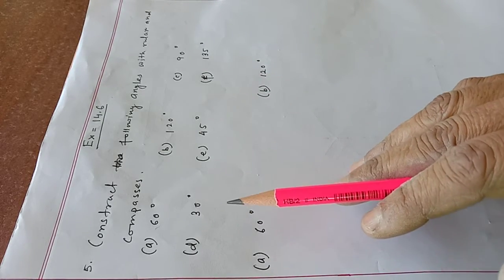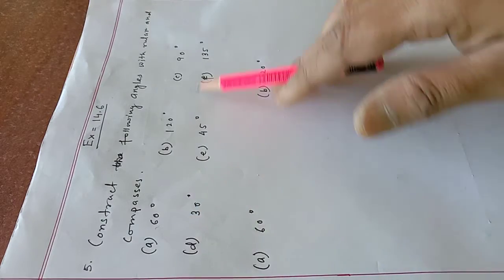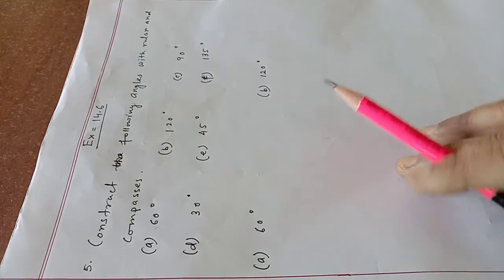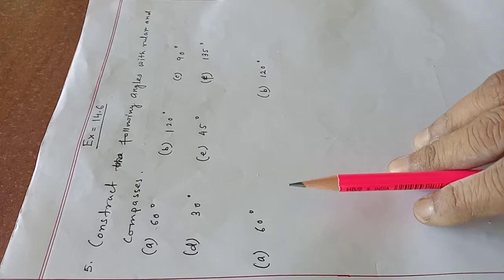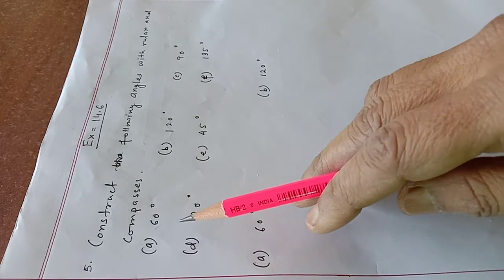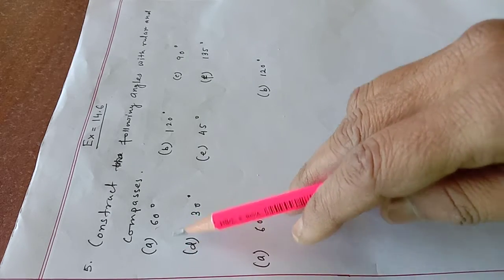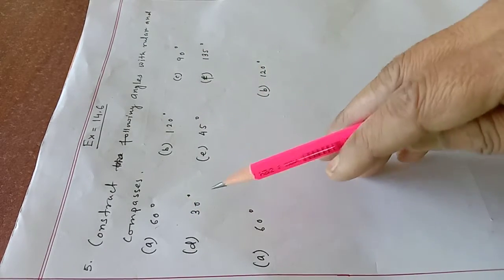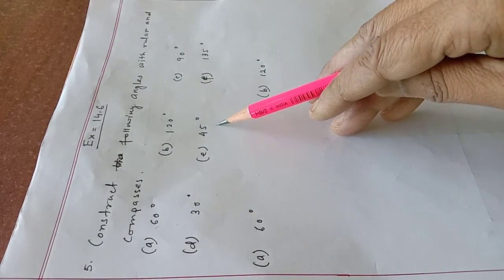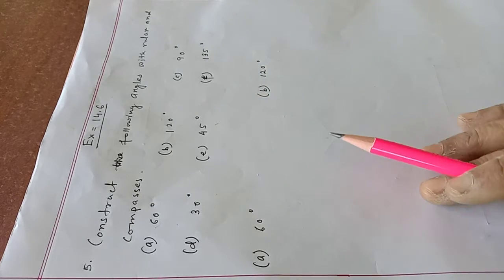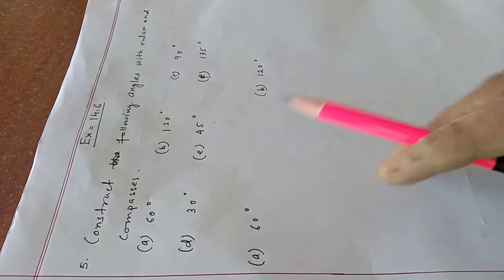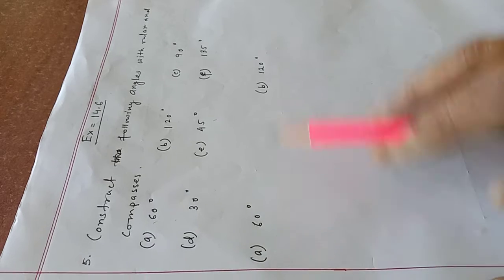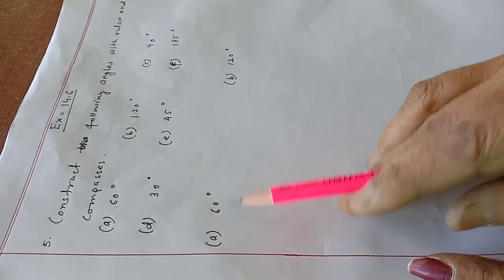But this time you will draw these angles by using compass and ruler only. So how to draw the angles 60 degree, 120 degree, 90 degree, 30 degree, 45 degree and 135 degree. These angles you have to draw only. This is the question. Now I will start question number A, 60 degree.